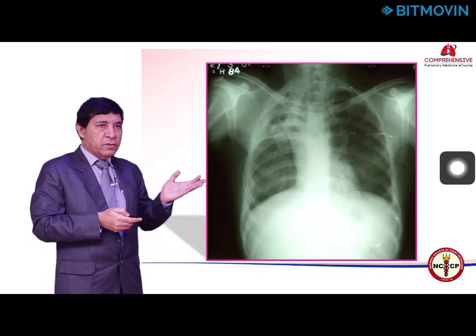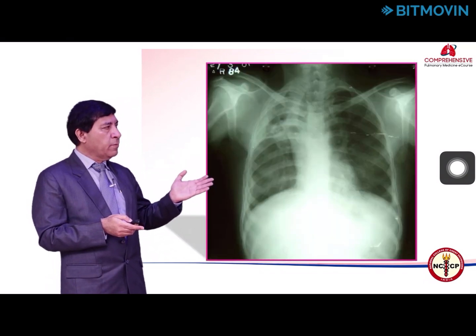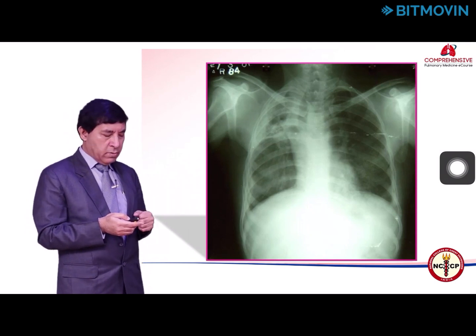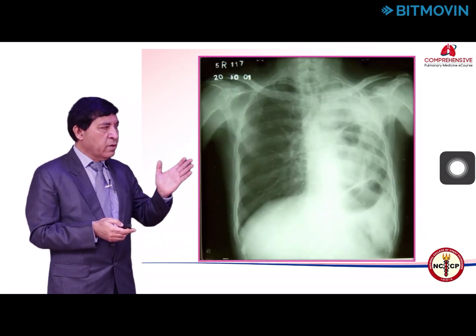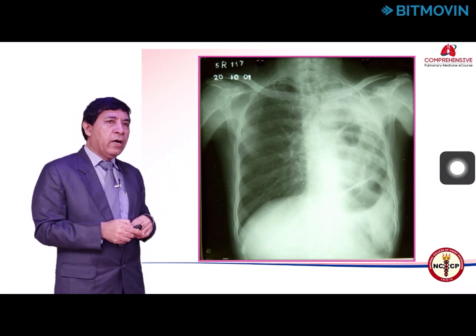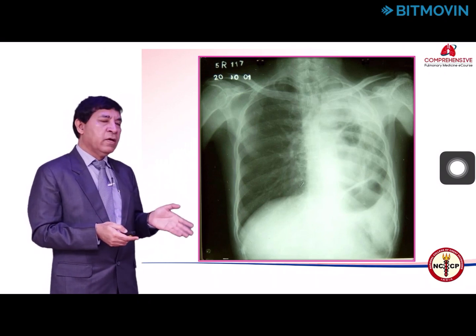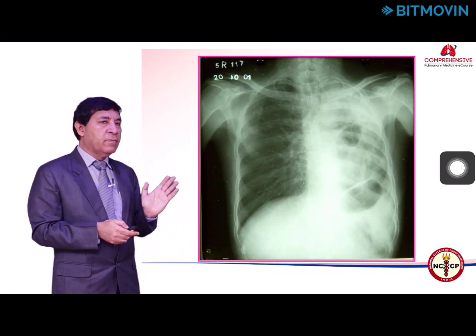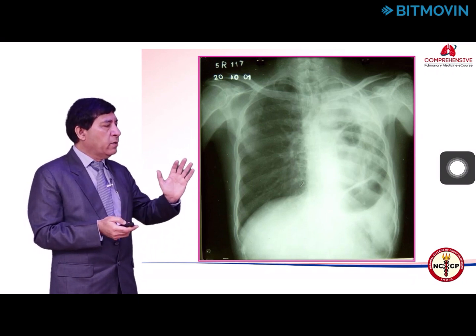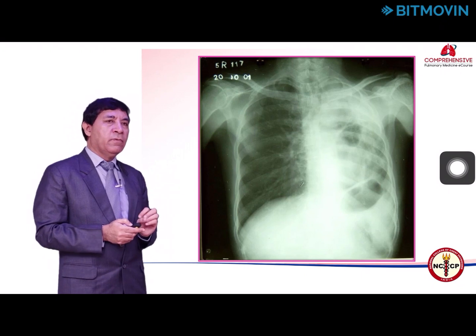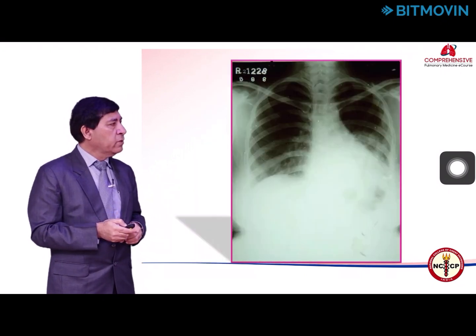Another patient, you can see there is a small hemithorax on the right side, again seen in this X-ray. Another patient with a completely destroyed lung, you can see that the left hemithorax has become much smaller, the diaphragms have gone up, the mediastinum has shifted, and the whole hemithorax size is much smaller in these cases.